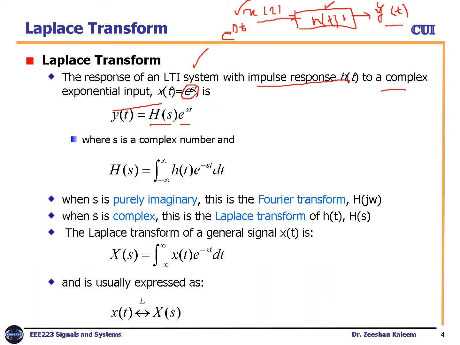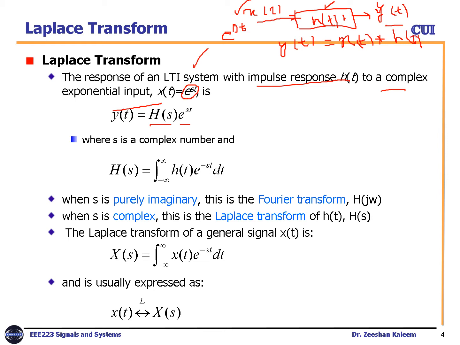As we know, y of t is generally written as x of t convolved with h of t. We already studied this many times before, right?